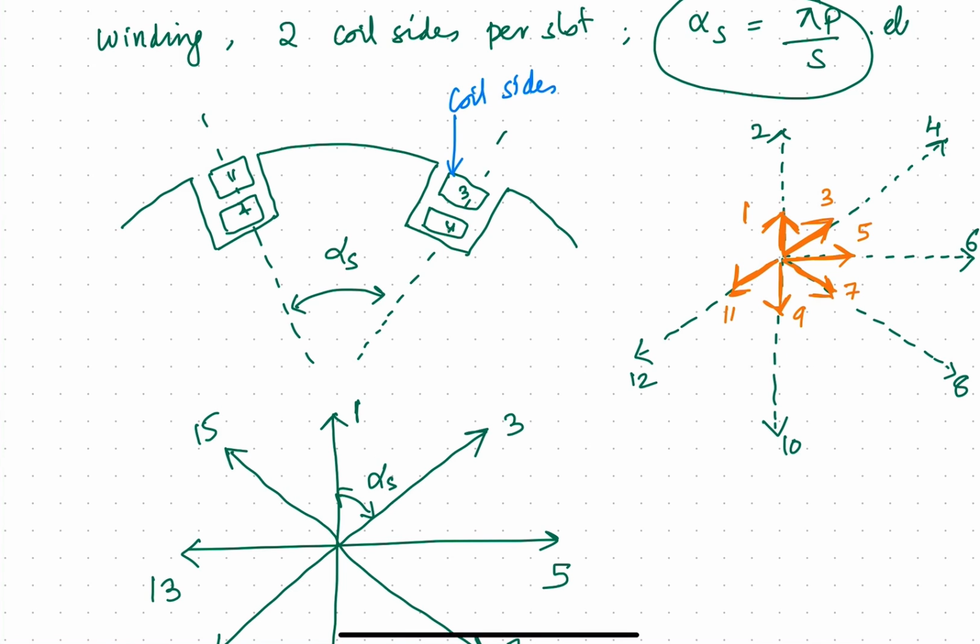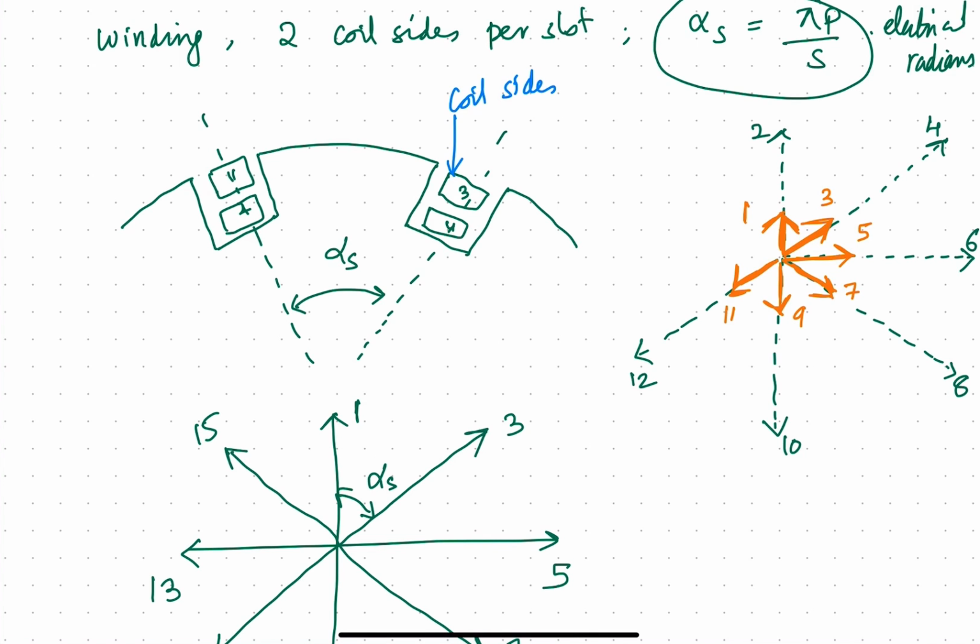This is in electrical radians. You basically have to see the number of slots across the armature and then see the poles, and then you have to see that the entire armature covers a distance of 2 pi, which is 360 degrees.